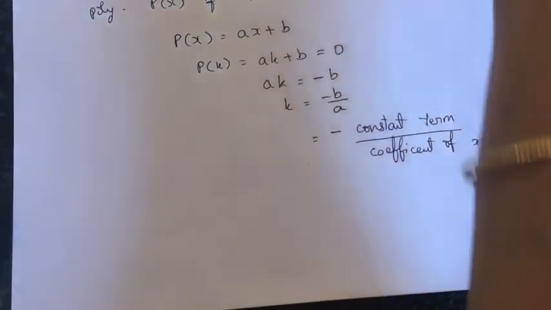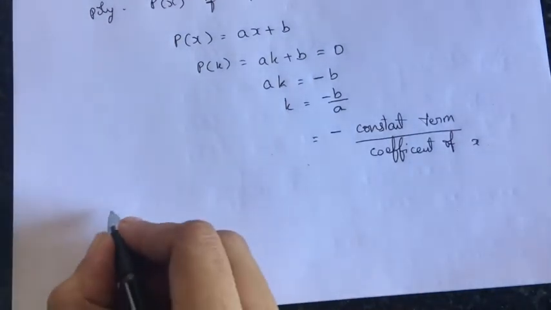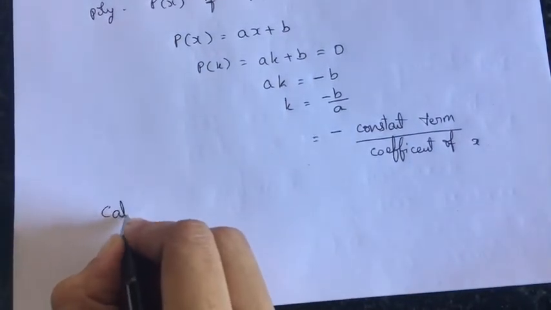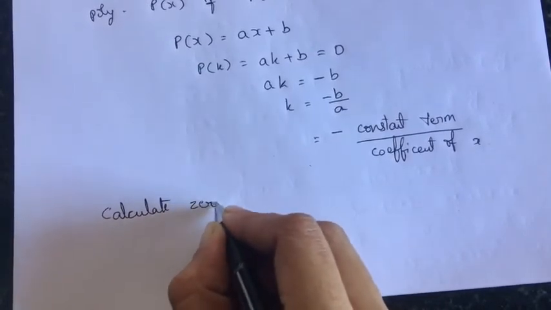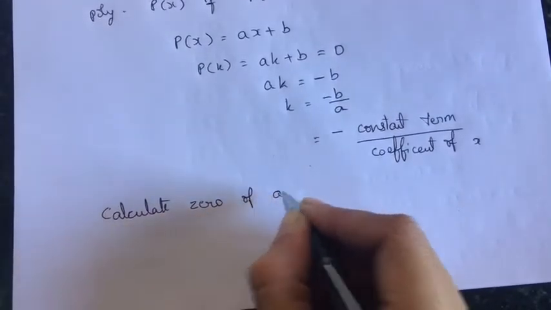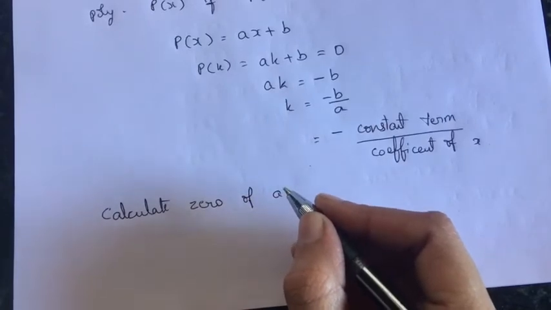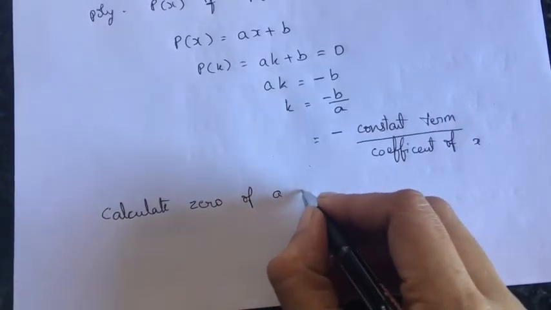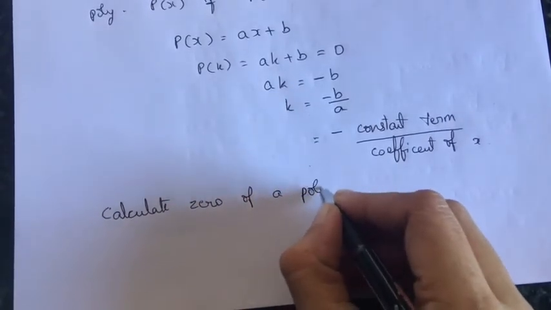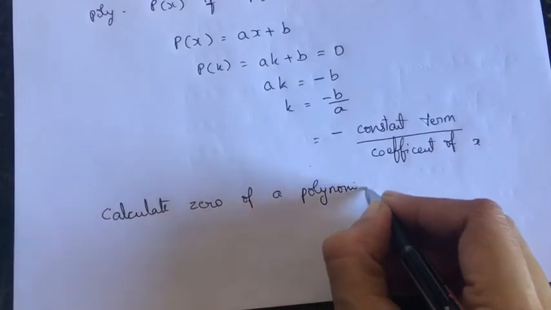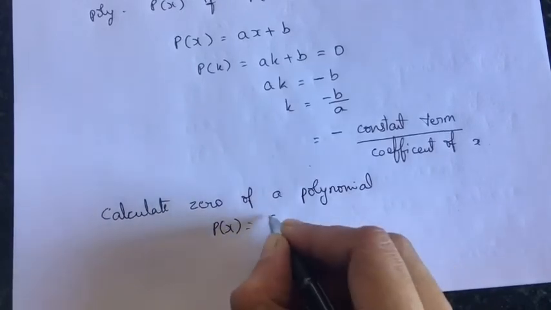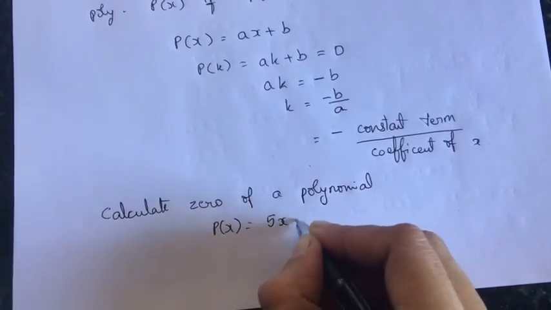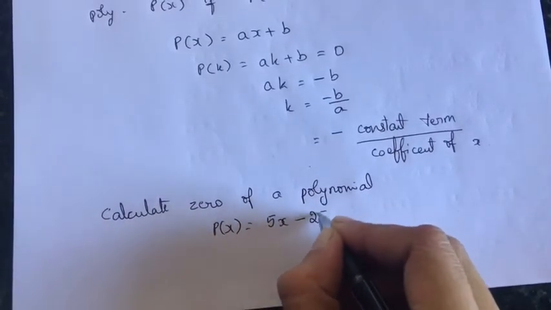Suppose I have to calculate the 0 of a polynomial, say p of x equal to 5x minus 25.